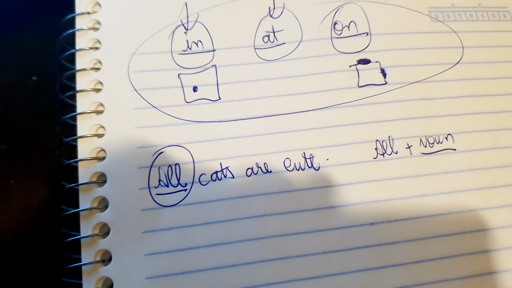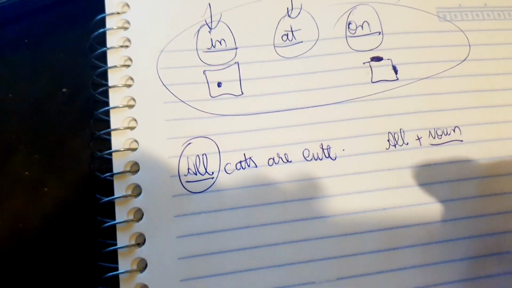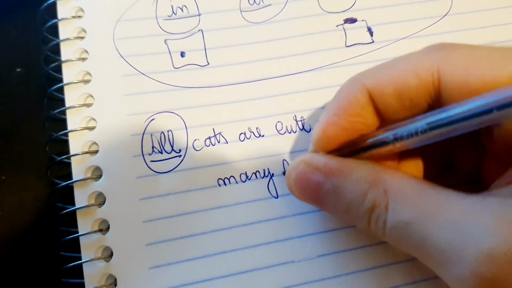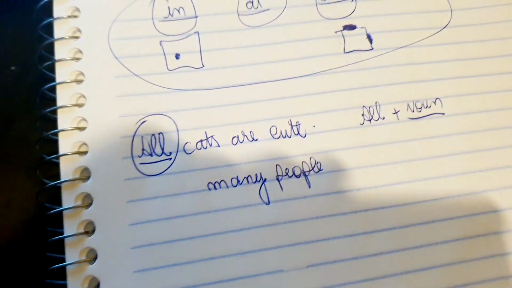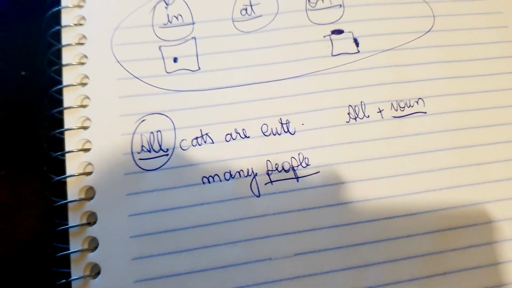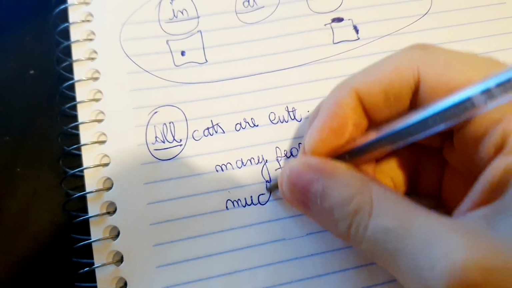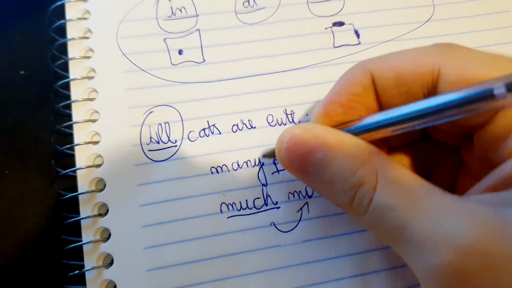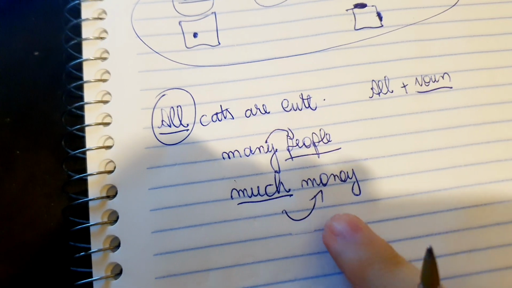Other words that we have already studied, they also follow a noun. For example, many, many people. Many here is following a noun. Much money. Much also follows a noun.